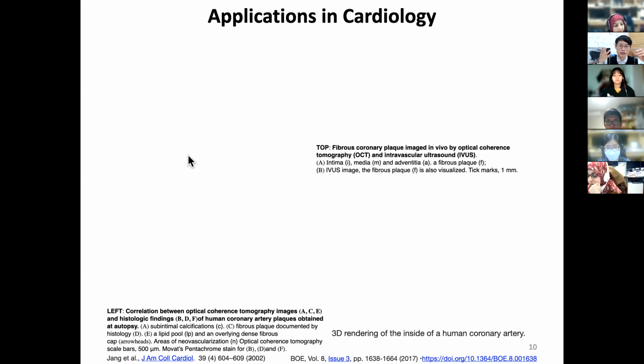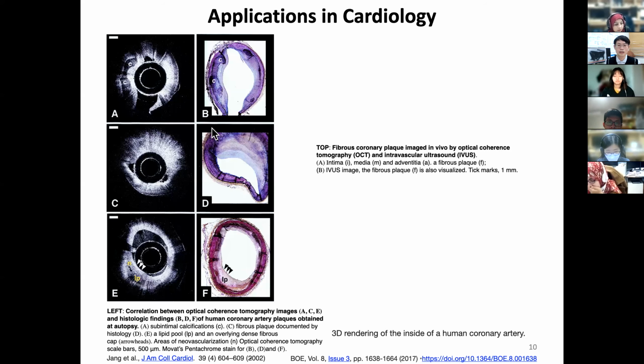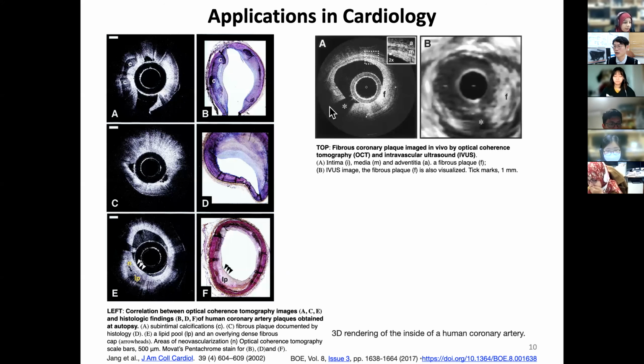We use OCT to check whether the stent is well attached or not. So cardiology is a huge market awaiting new technology. And you see this left side is OCT imaging, and the right side is the H&E. And it actually detects various details in this area.